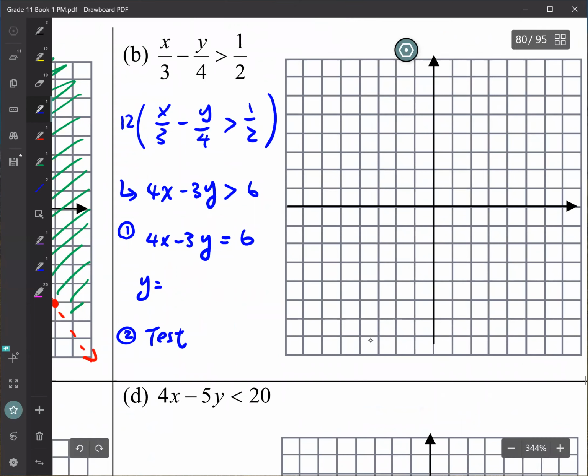Jiawen, are you there? Oh, I'm there. Do you have the slope y-intercept form for this one? I'm still solving it. Okay, let me know when you have it.